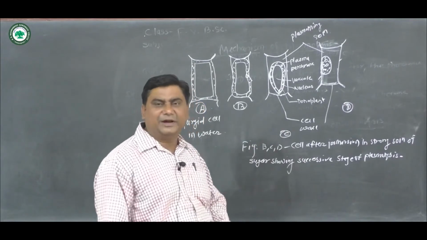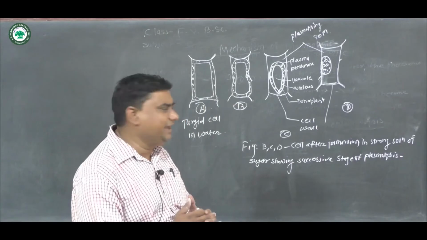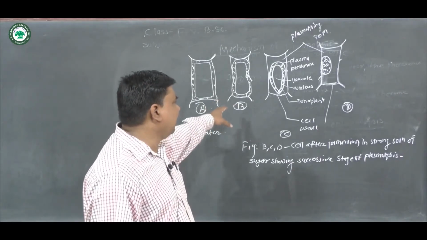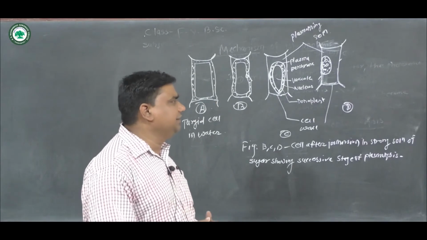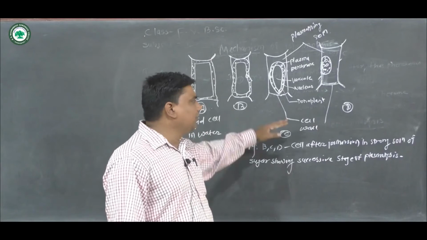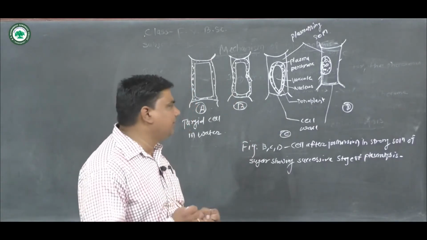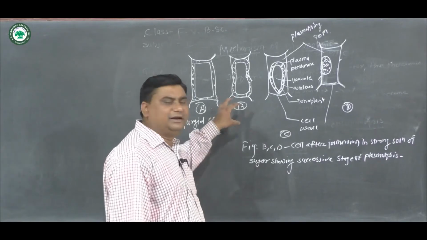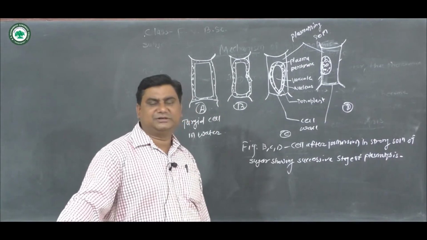In incipient plasmolysis, if a normal cell is kept in a hypertonic solution, there is a continuous movement of water from the cell to the outside, and there is a shrinkage of the plasma membrane. This is called incipient plasmolysis.